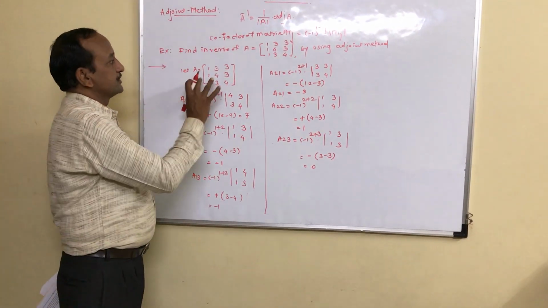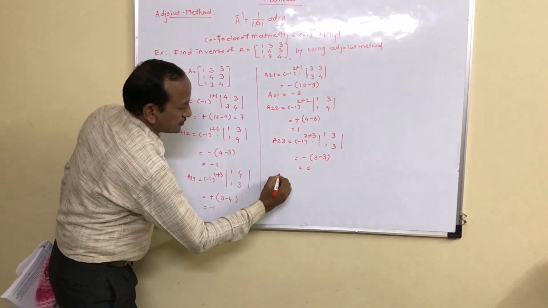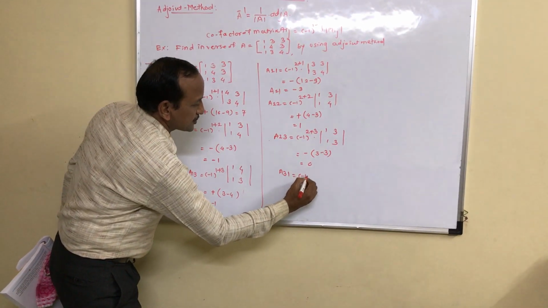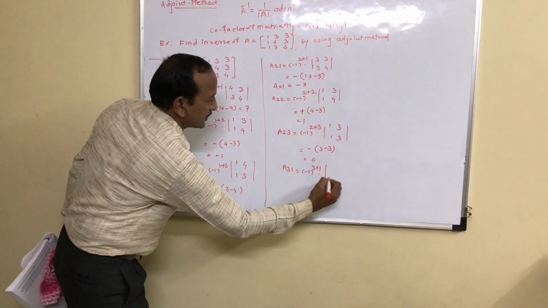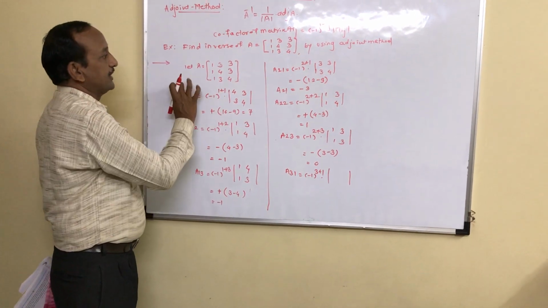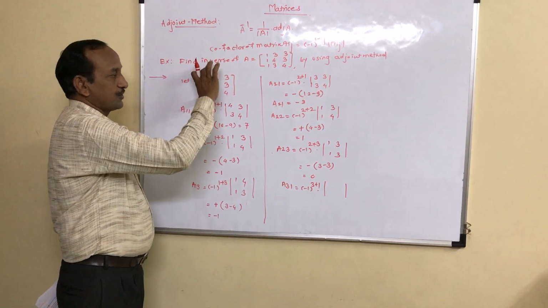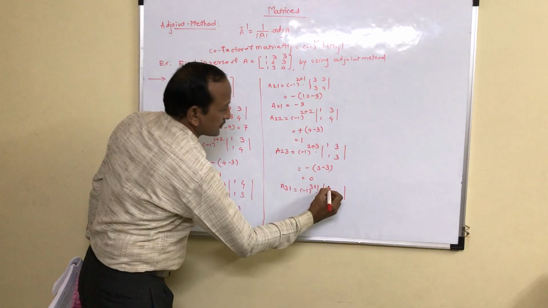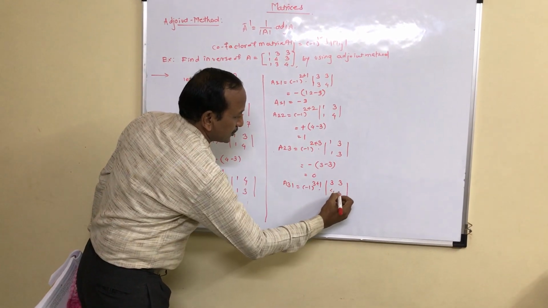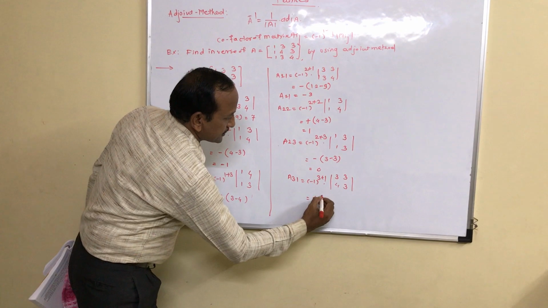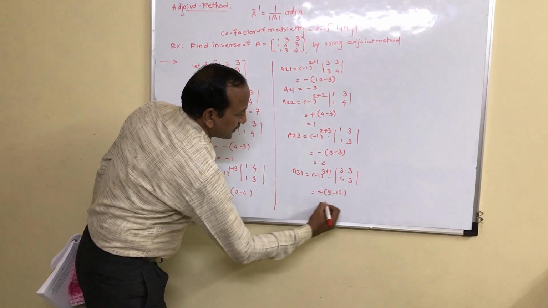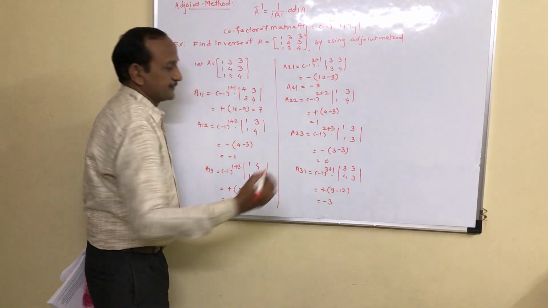Now to find A31, minus 1 raised to power 3 plus 1 into minor, delete third row first column, minor is 3 3 4 3, plus into bracket 9 minus 12, which is minus 3.